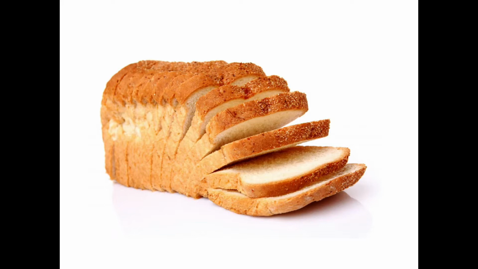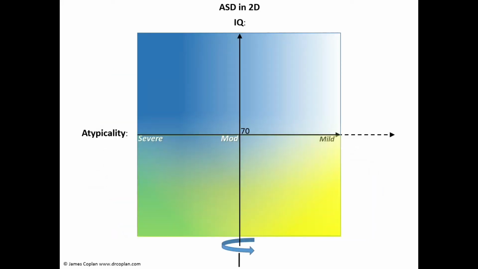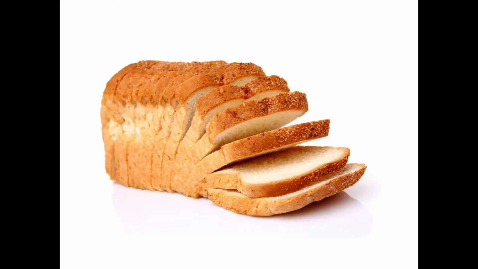Why on earth did I stick a loaf of bread into the middle of this presentation? Because what we're going to do is go from this single sheet to a series of graphs, and each graph is going to be stacked on top of the one next to it like the individual slices in a loaf of sliced bread. So just keep that image in your mind.